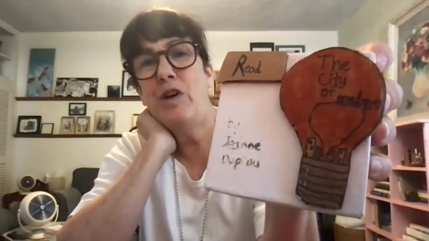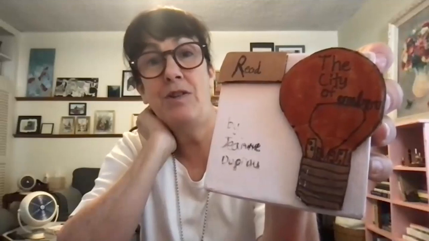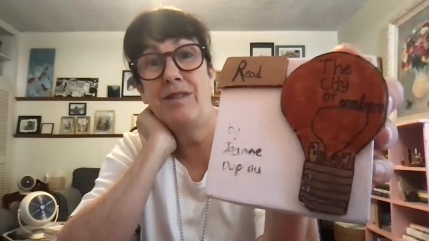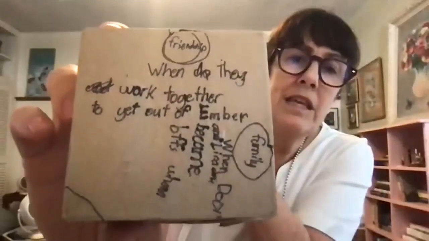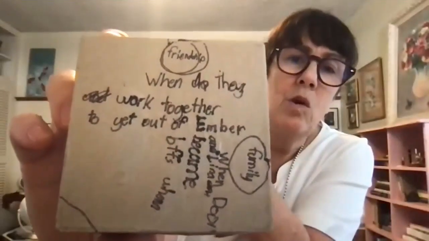this book is about a dark place, and it's about what would happen if the light kind of went out forever. And so for The City of Ember, all of the way around the box, the student created themes: friendship, family, teamwork.